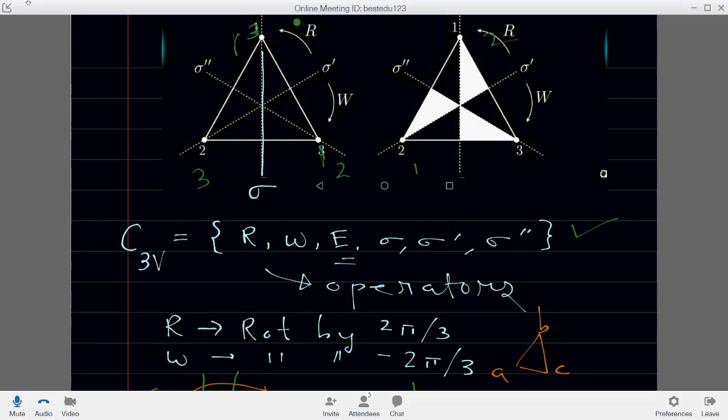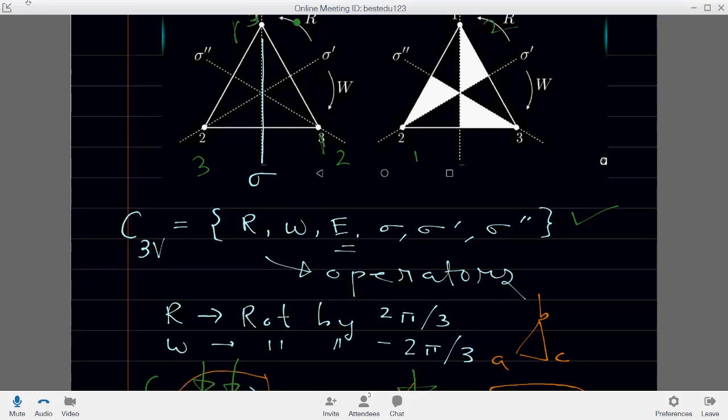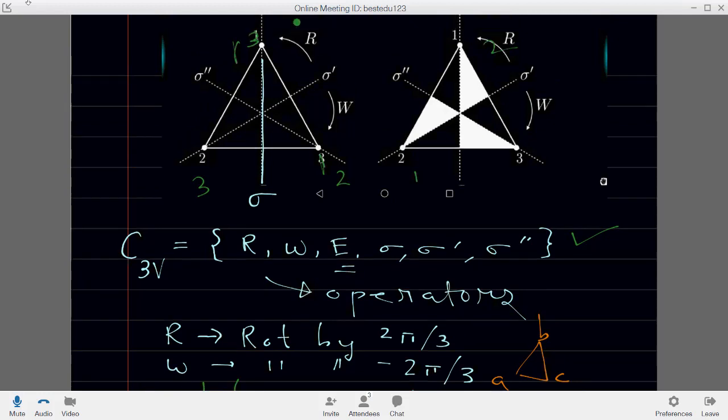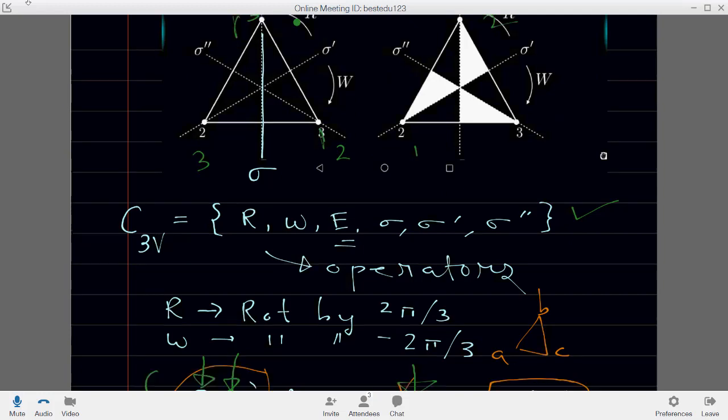Are you sure it will be sigma double prime? Yes, it seems to be sigma. No, it has to be sigma. Okay, yes. Okay, let us make it instead of what did I do?